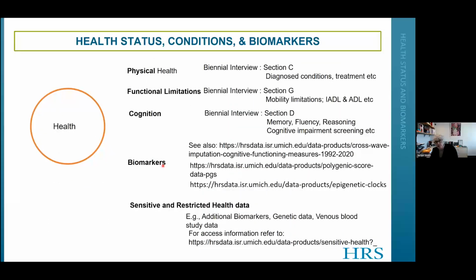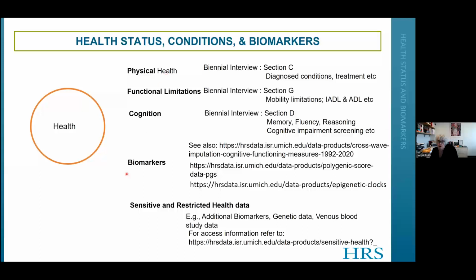We have oodles of health data as well: self-reported diagnosed conditions, whether it's being treated, mobility limitations, IADL, ADL, these are functional limitations. Standard ones. Cognition is actually an objective assessment of memory performance, fluency, reasoning ability, cognitive impairment.